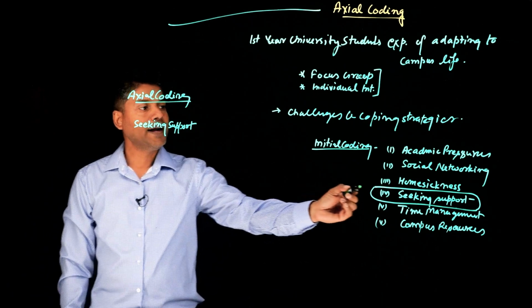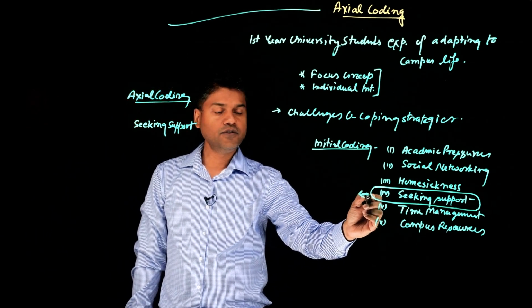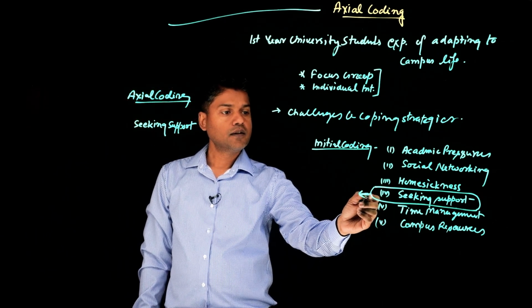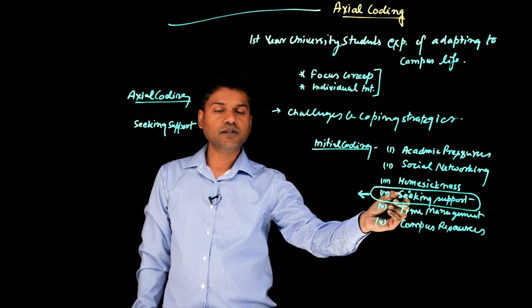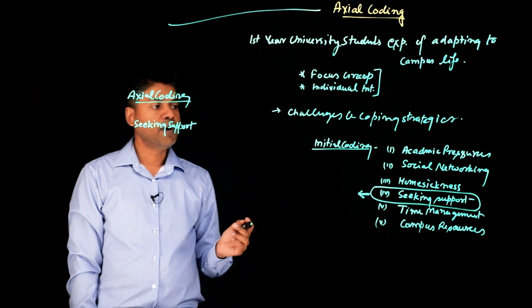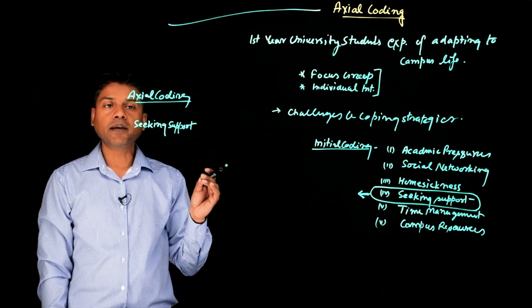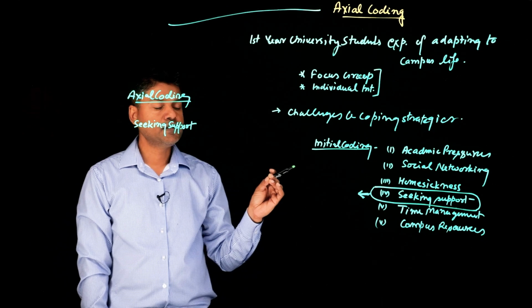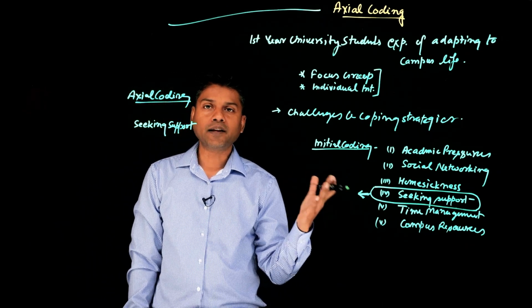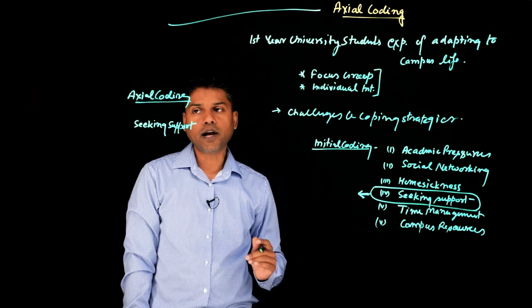Now I can go back to the data, the interviews, and pay attention to a more in-depth understanding of this code. I can go back to the excerpts, read them again, and see what might be some possible subcategories within this core category.